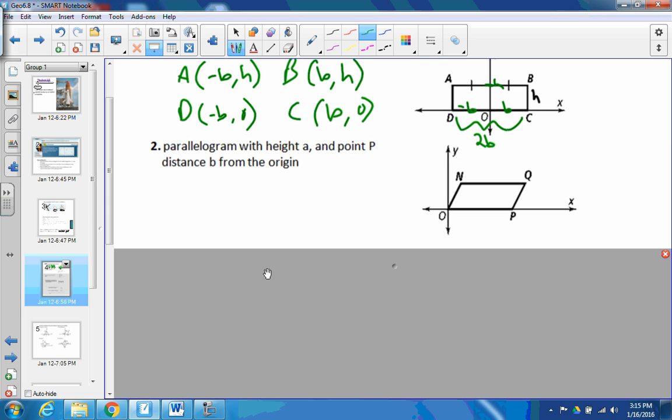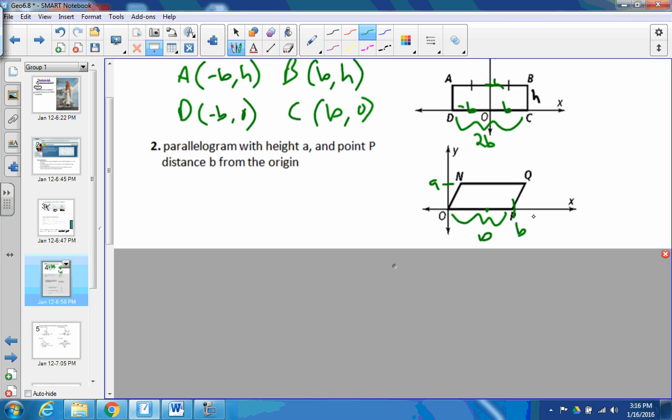So there are the coordinates for each of those vertices. Now we have a parallelogram with height a. So this height goes up to a. And point P is b away from the origin. So this right here would be b spaces, so we go all the way to b. All right, so we want to find the coordinates.